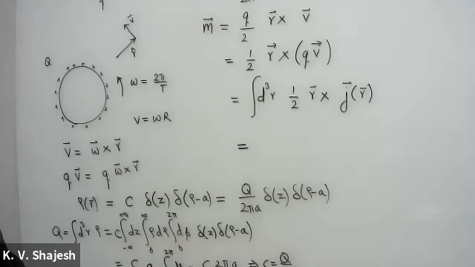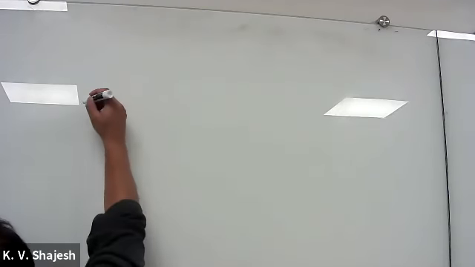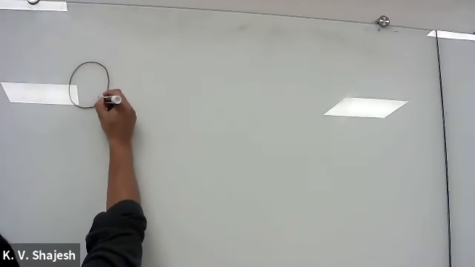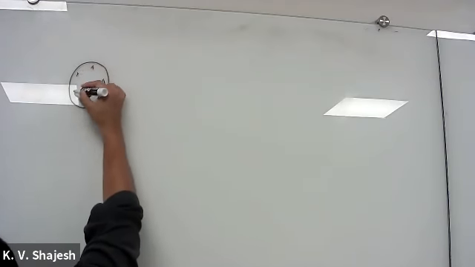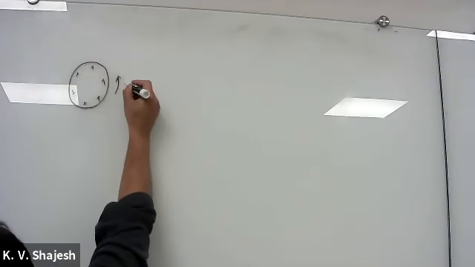So if I go to the other side of the board, what we are talking about is a charged circular ring, and it is rotating with angular velocity omega.